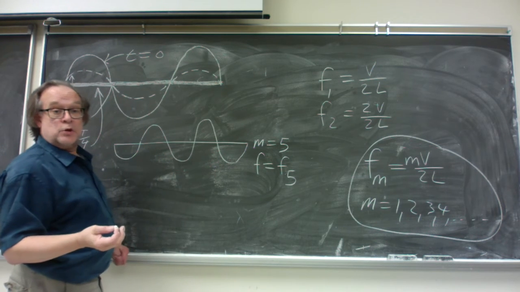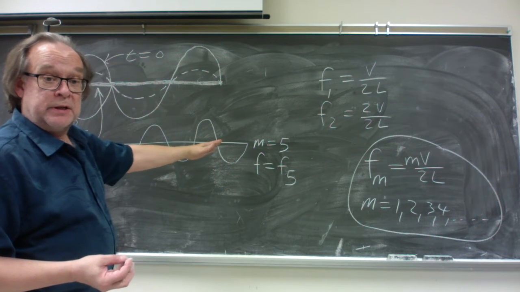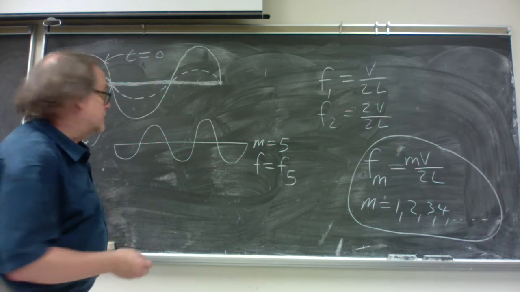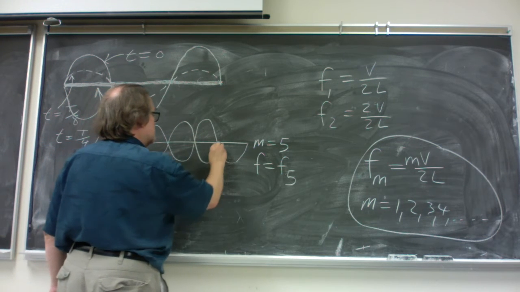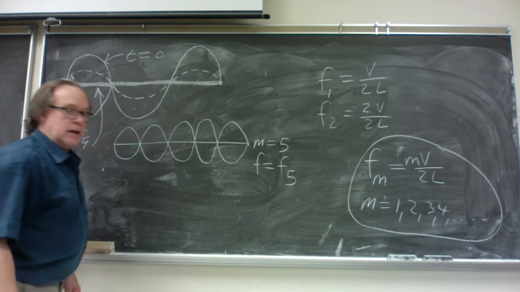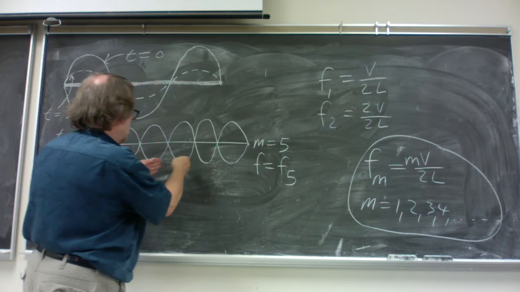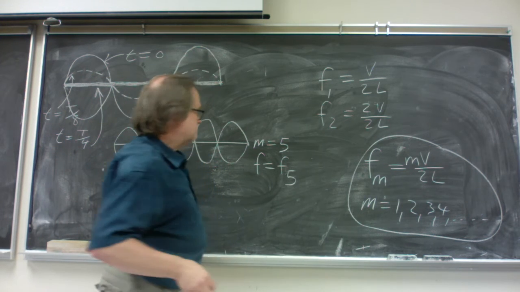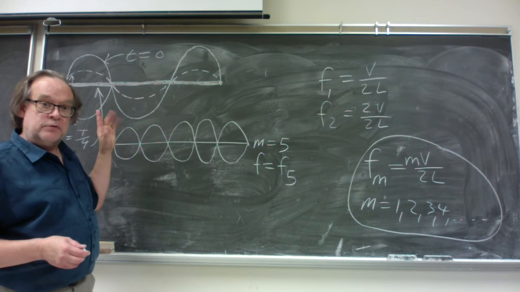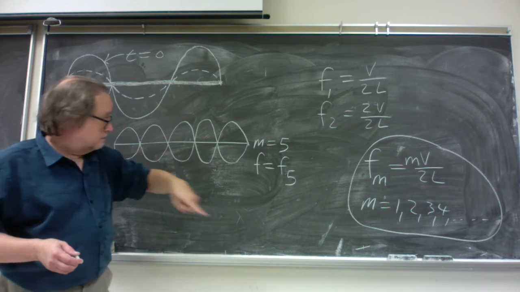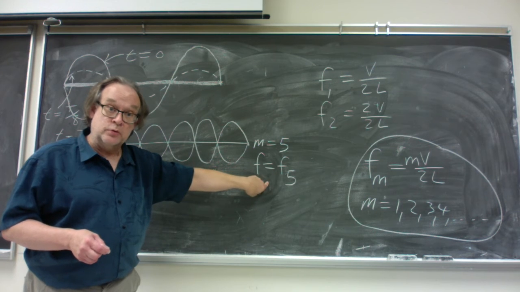So, at one time, when every point is at its maximum displacement, you'd get a snapshot that looks like this, and then half a cycle later, the snapshot would look like this. And on that string, there are how many half wavelengths? 1, 2, 3, 4, 5. And you get a standing wave that looks like this only if you shake the string at this frequency.